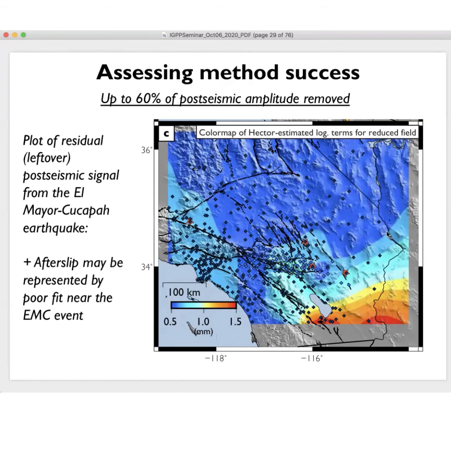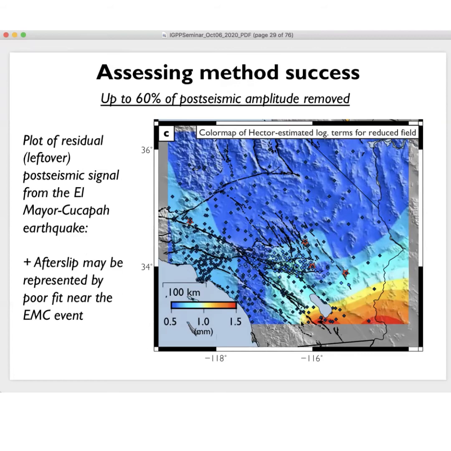In particular, when we asked why there are these high residuals down in the southern end of our network, we came up with the idea that since our modeling doesn't account for afterslip, perhaps what we're seeing in these high residuals down to the south, near the location of the Elmore-Kukapa earthquake, is afterslip that we haven't accounted for, but which is still present in the corrected time series.